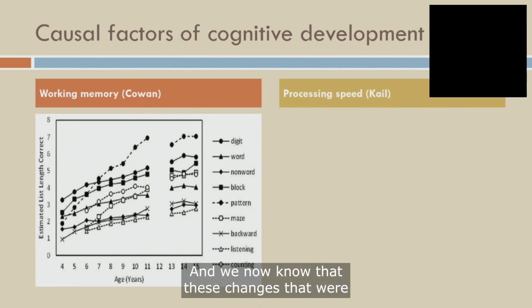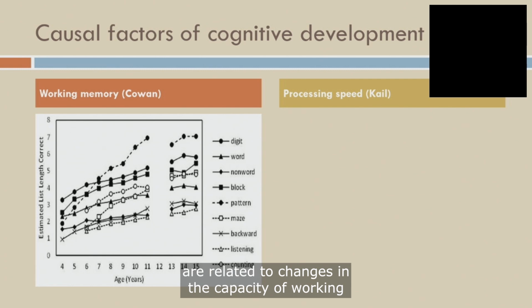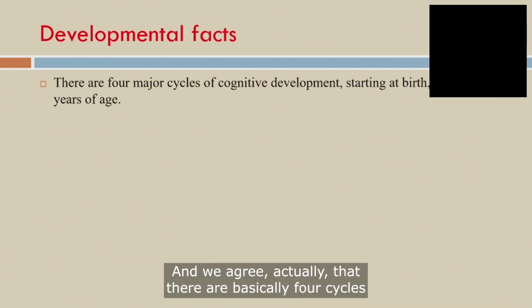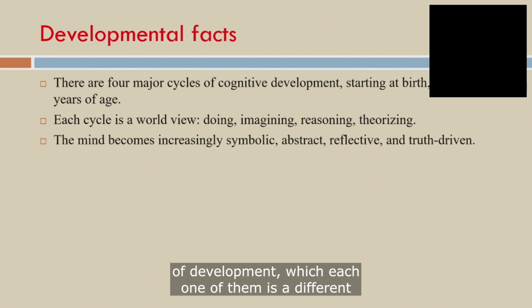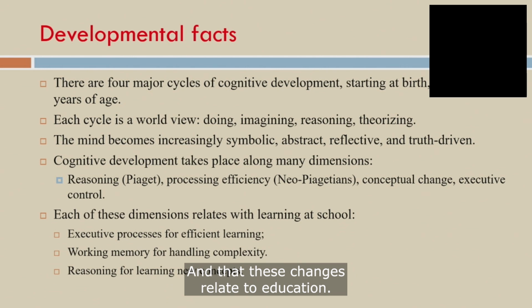And we now know that these changes that were described by Piaget are related to changes in the capacity of working memory, the speed of information processing. And we agree, actually, that there are basically 4 cycles of development, each one of them a different worldview, defining how kids understand the world. And that these changes relate to education.